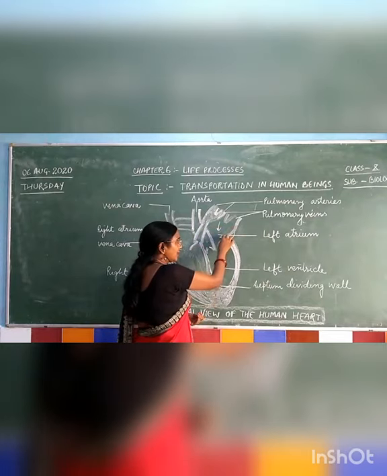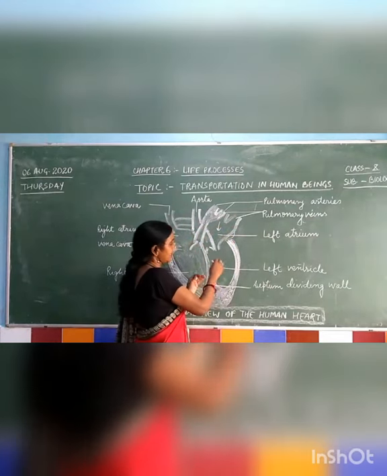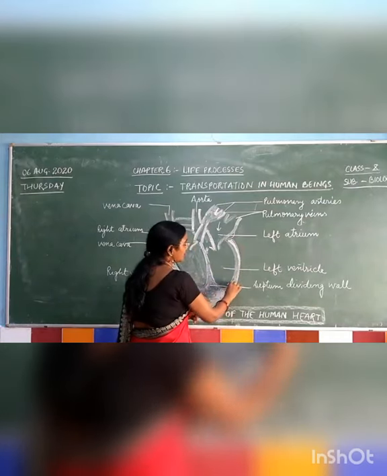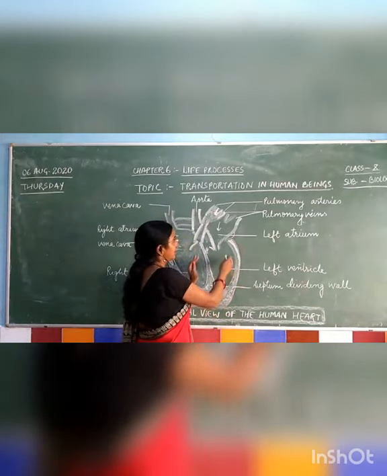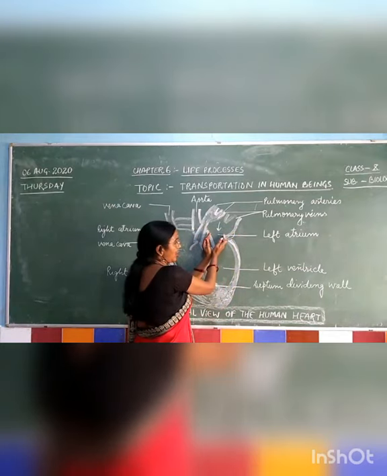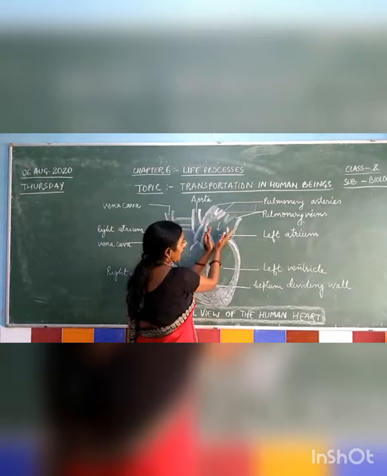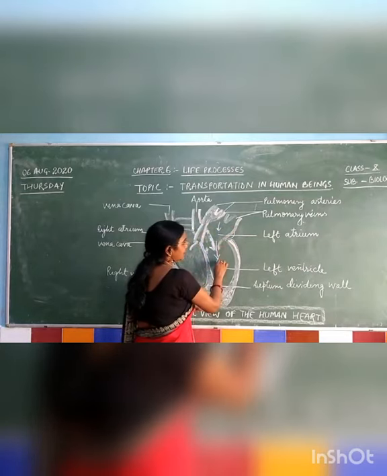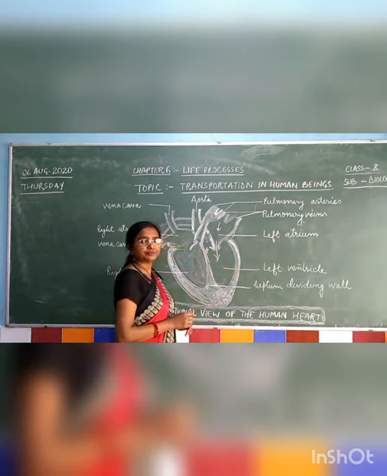When it is going to collect the blood, at the same time, this left ventricle tries to expand, or it dilates, and it contracts as soon as it gets filled with the oxygenated blood. As it contracts with the pressure, the blood comes to the left ventricle.